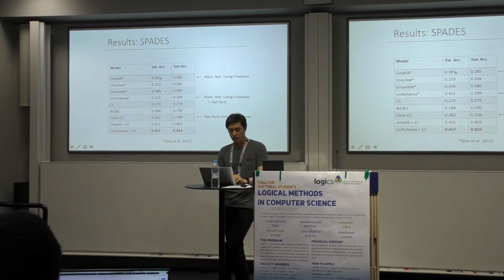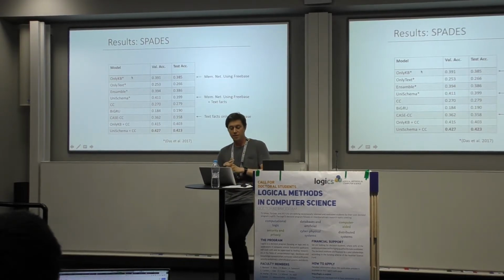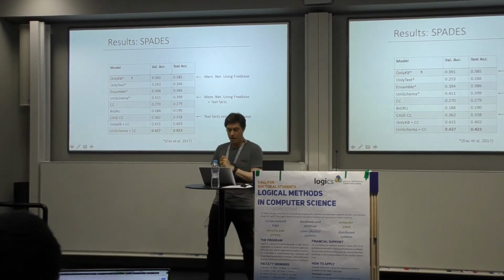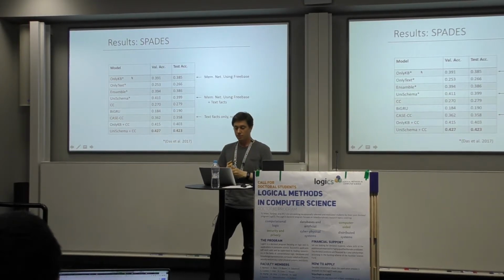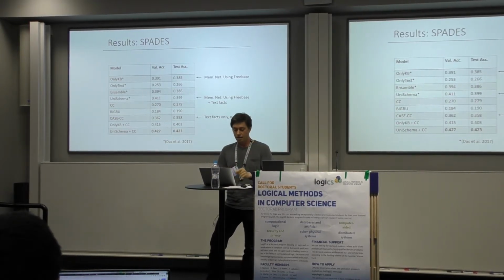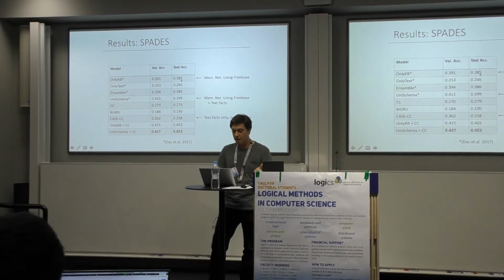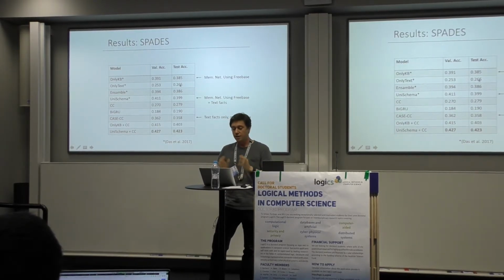And the existing baselines from Das et al. use a memory network using Freebase, and they get 38.5% accuracy, or if they just use the training questions, they get 26.6% accuracy.